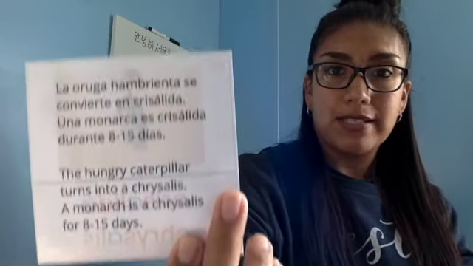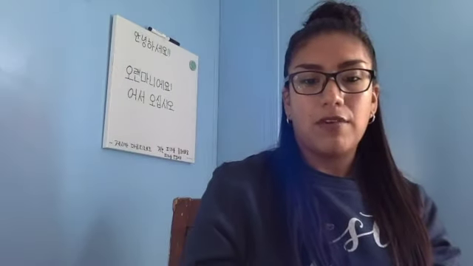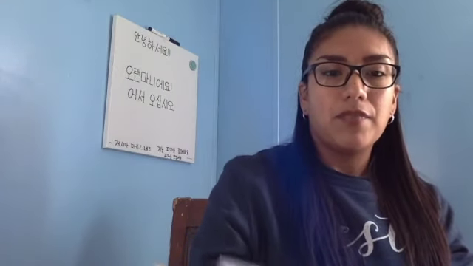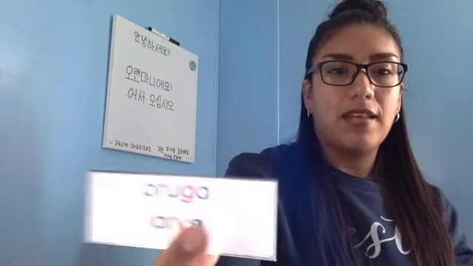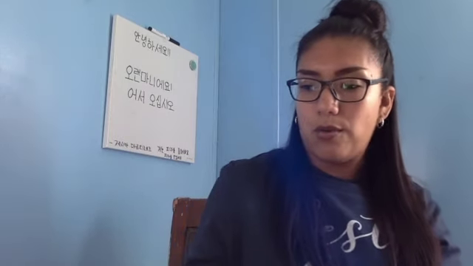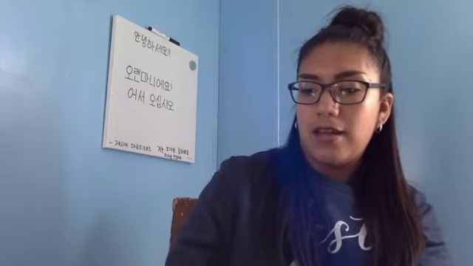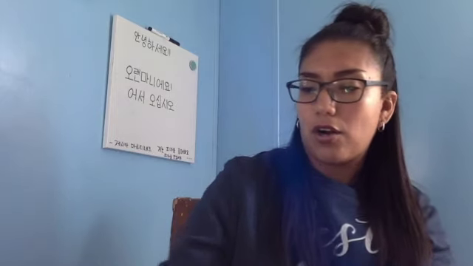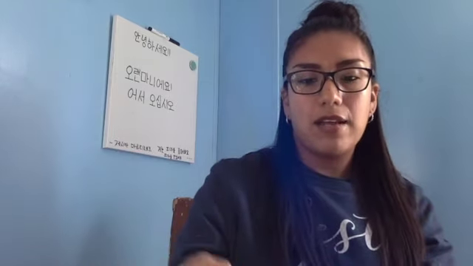And the description is in English and in Spanish. I really like that she also included just the pictures by themselves with the numbers and then the labels. That way they can put them together. So this was really cool. And these are cards about life cycles.